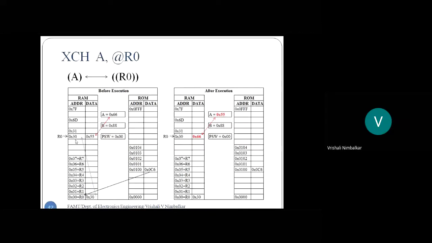After execution, you will find the accumulator data 66 has been stored in the memory pointed by R0, and memory data 55 is exchanged with the accumulator. So the accumulator will show 55, memory will show 66. So this is an exchange instruction, right?